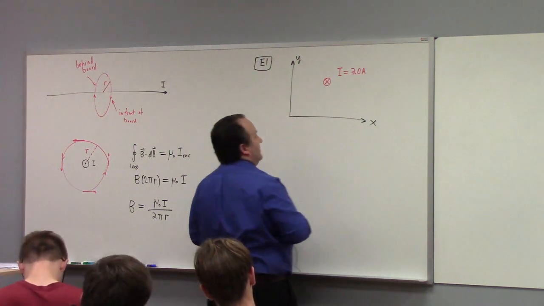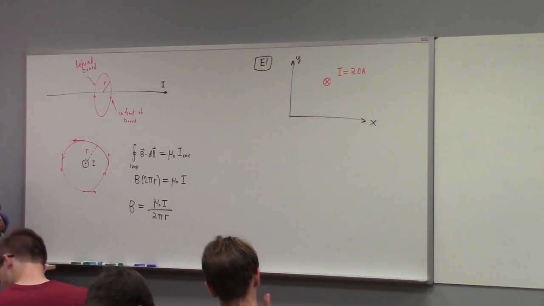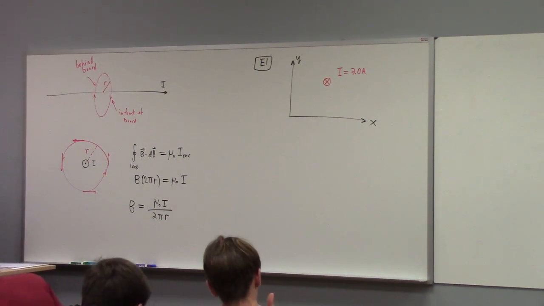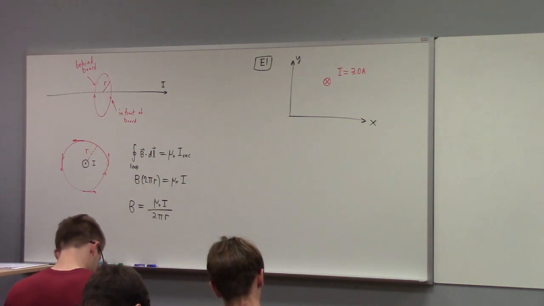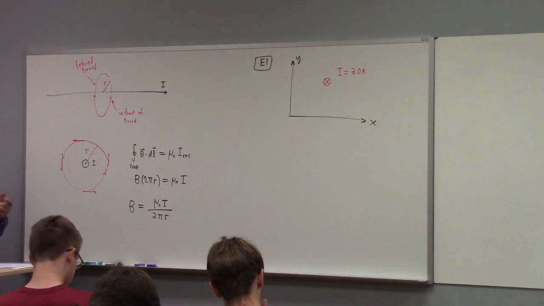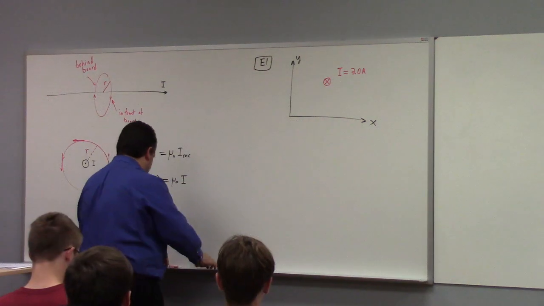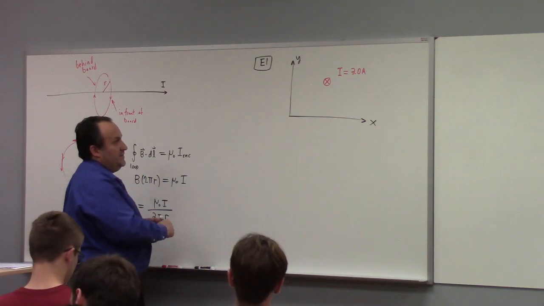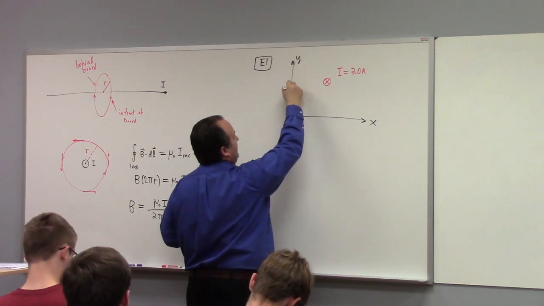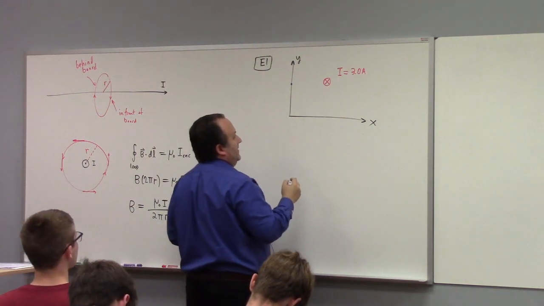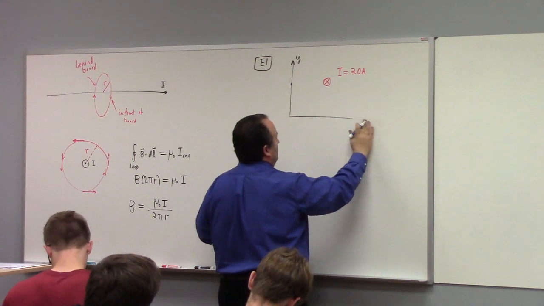A current of 3.0 amps into the page right there. This is a very long line current. Here's a couple questions we could ask: what's the magnitude and direction of the magnetic field at various points? Let's do it for 2 different points. One point, we could figure out the magnetic field's magnitude and direction right here, and then we'll also do it over here.